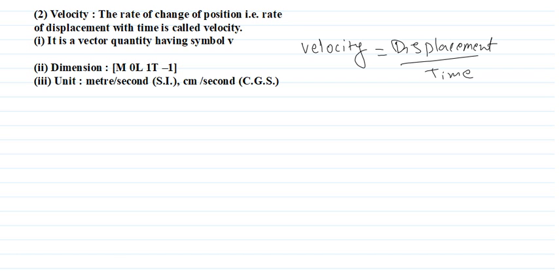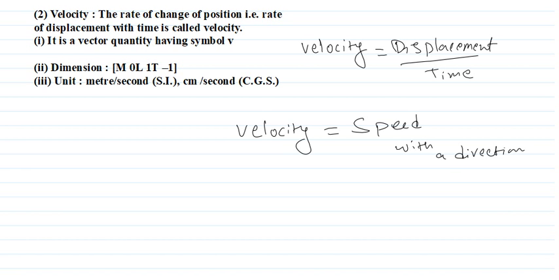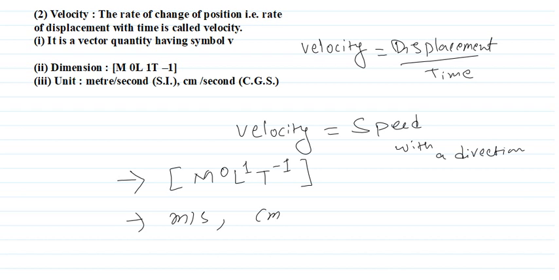Velocity is just speed with a direction, so the magnitude will be the same as speed. The dimension of velocity will be the same as speed, M0 L1 T minus 1, and the unit will also be the same: meter per second for SI unit, centimeter per second for CGS unit.